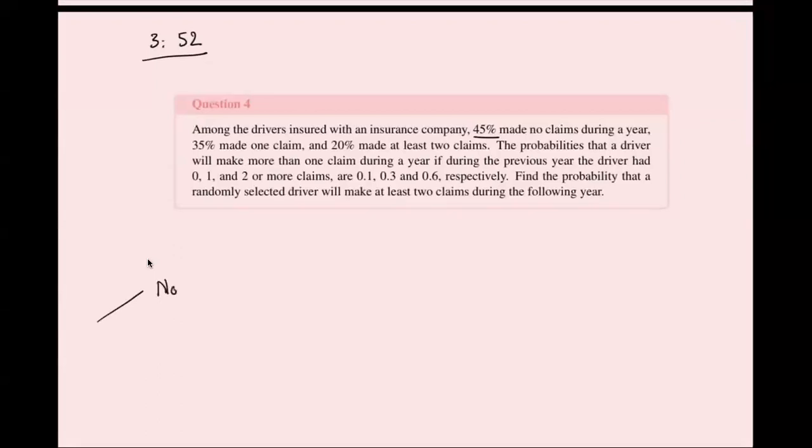So the probability of no claim is 45%. And then 30% made one claim. And 20% made at least two claims.